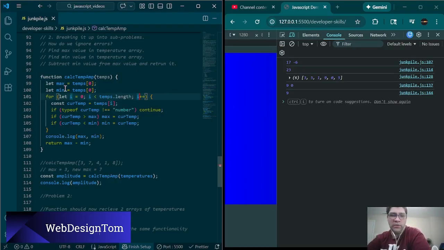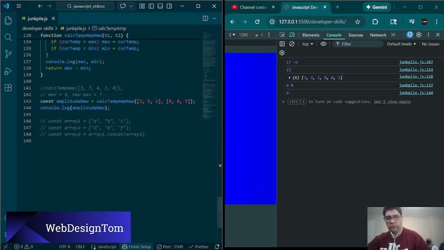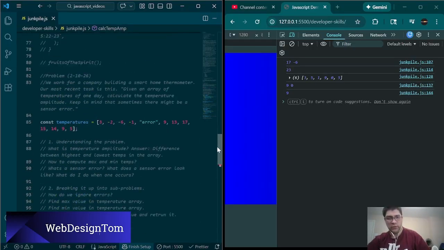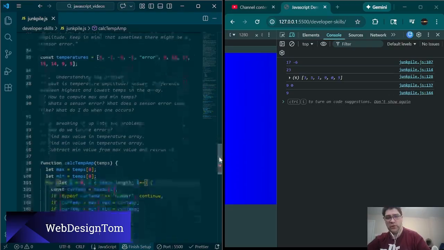And then we came up with this variable called let max equals temps[0], and 0 is obviously the place in the array that it would be. So, you know, the first one, remember the index: 0, 1, 2, and so on and so forth.